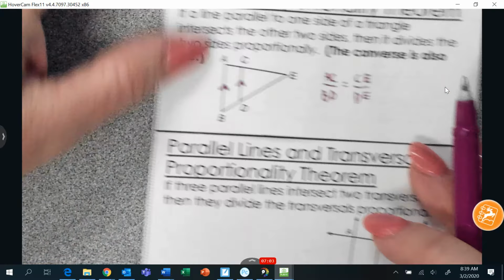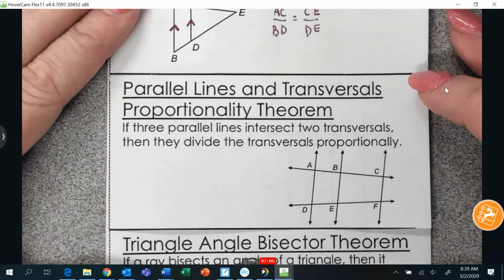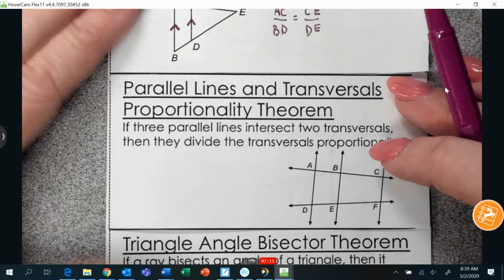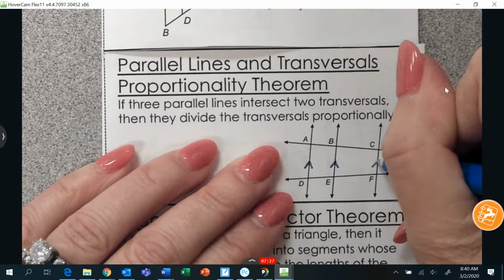All right, next one. Parallel lines and transversals, proportionality theorem. If parallel, parallel.